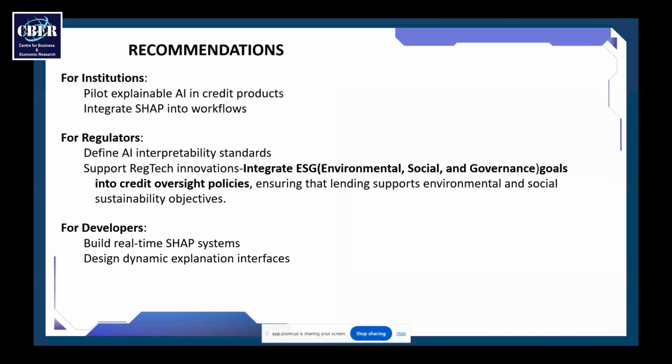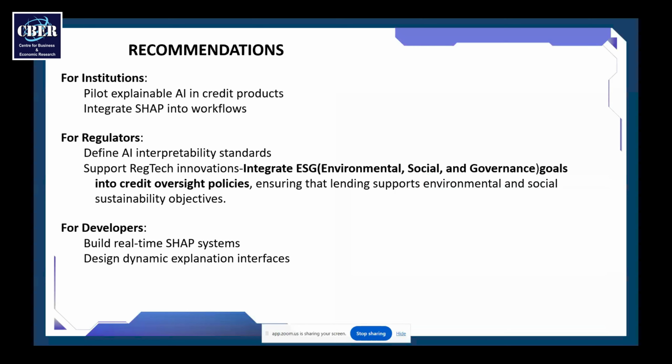So these are my recommendations for institutions like banking. Financial institutions should incorporate SHAP into their workflows because it is not only accurate, it's explainable. It goes a long way to explain the features and why those decisions are taken. And for regulatory authorities too, this is a good interpretability standard which I think should be incorporated into the policies.